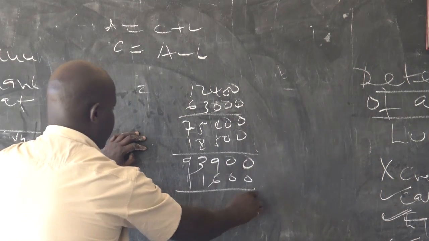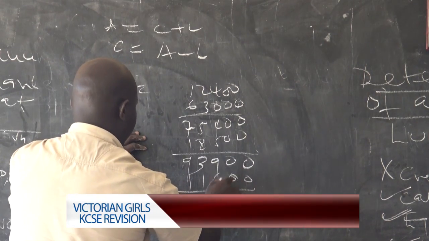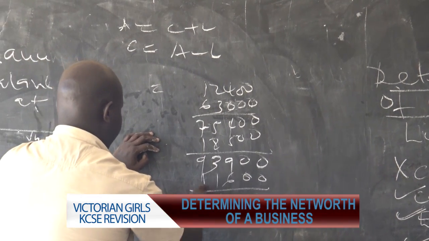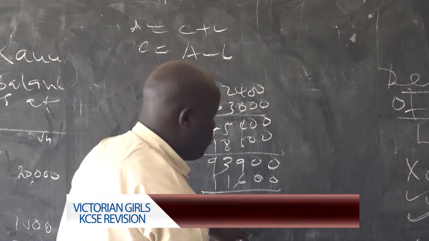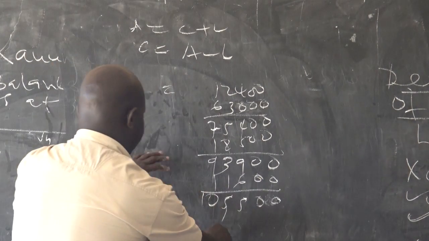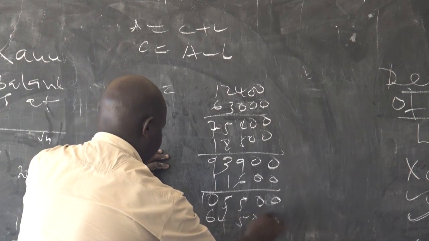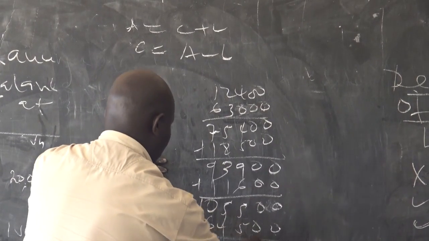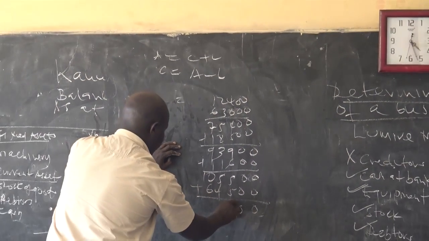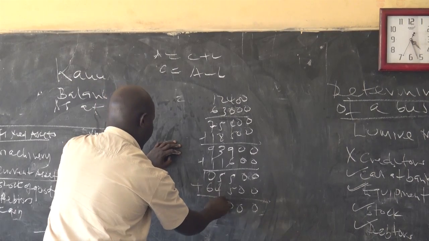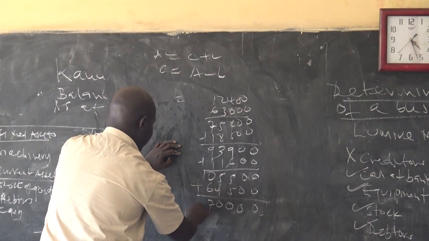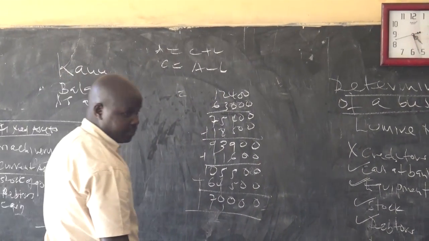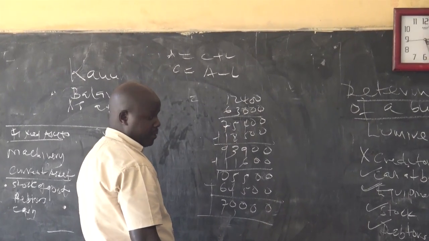Then we have 64,500. All this is addition. How much do we get? These are our assets. Look at that. Asset. Yes. Minus what?